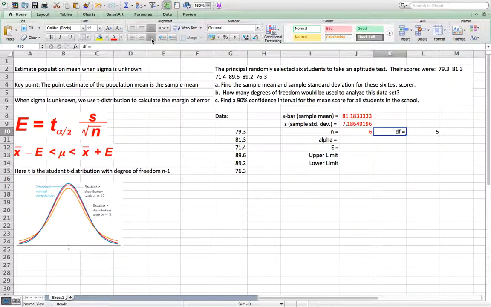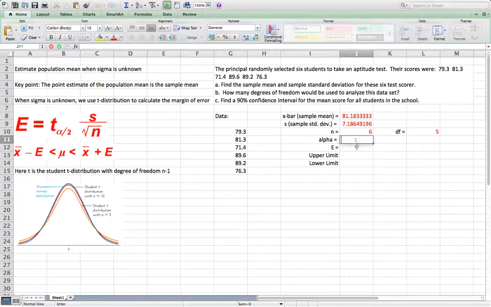Of course, sometimes we like to type in the formula, which will be better for us to build a template for future use. So the degrees of freedom will be n, which is in J10, minus 1, which is 5. So the degrees of freedom is 5.